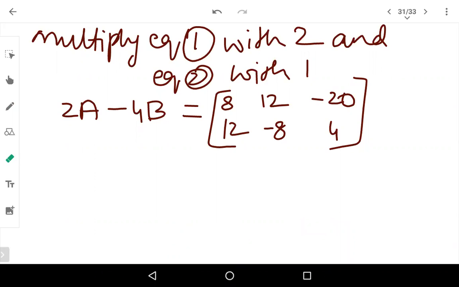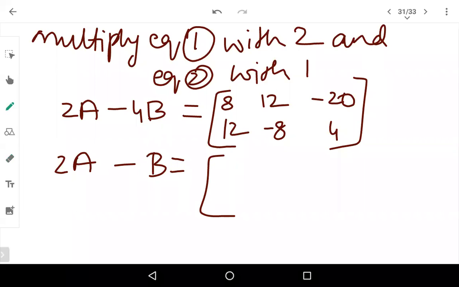Did you all understand the first equation? Yes? Okay. Now the second equation. Aishwarya, there is still time, don't worry about that. The second equation is 2A minus B is equal to the matrix [4, -8; 2, 6; -4, 2].